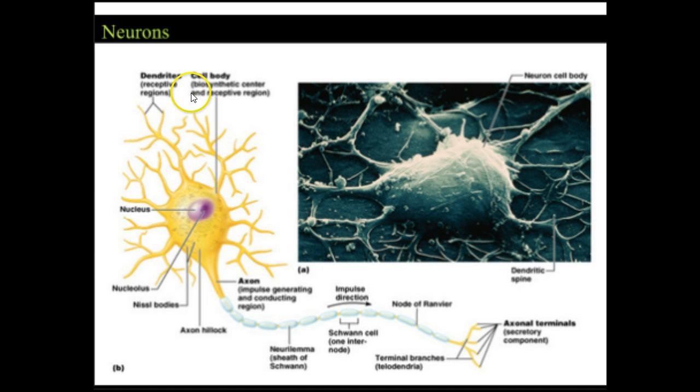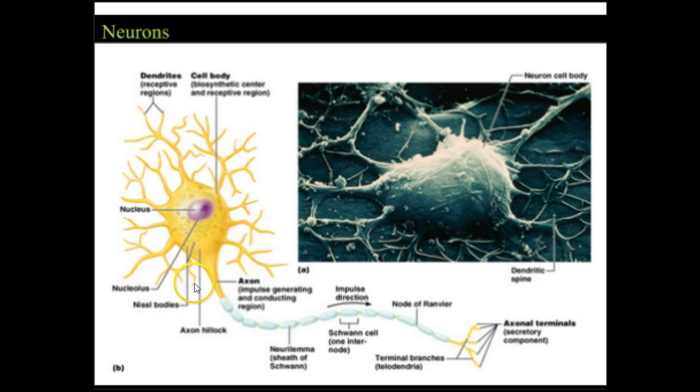Okay, so just a little bit about neurons. We've already talked about they have the cell body. They have their dendrites where they have the receptive region. And then we have our nucleus, which also has a nucleolus. Our axon hillock, our axon, which travels down here.